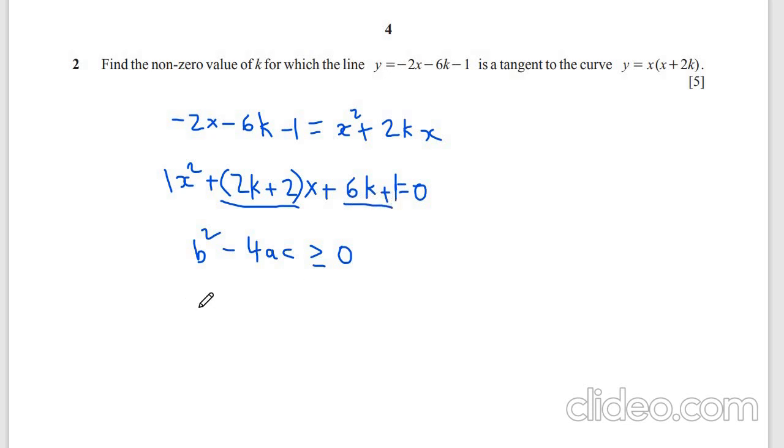So let's form this equation here. So we're going to have b squared minus 4ac.